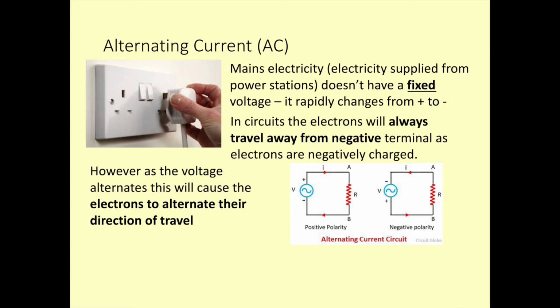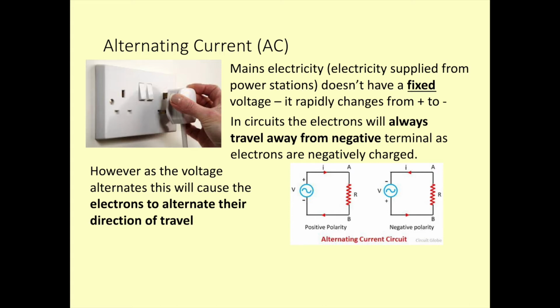So this is an example. We've got two circuits here. Notice instead of our normal symbol of a cell or battery, we've got an S shape, and this looks a lot like the graph that we saw on the first page for AC. This symbolises that it's an alternating current being applied rather than the direct current that batteries supply.